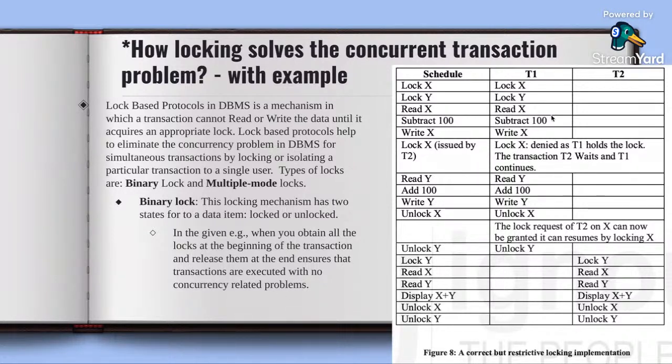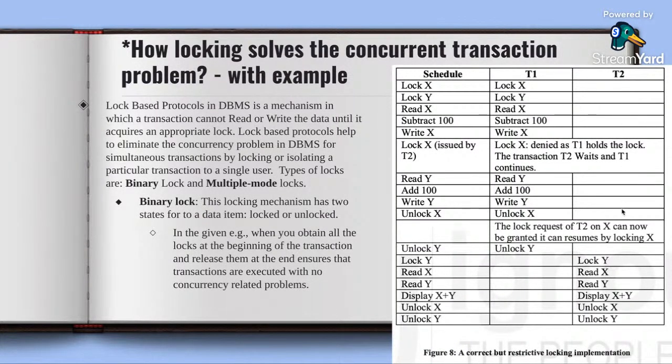Binary lock states that if you're going to work on two pieces of data, then you have to acquire a lock on both of them first, and you're not going to release the lock until you have completed the transaction on both. That's exactly what's happening here. T1 acquired a lock on both X and Y, and did not release, even though it finished working on one of them. It released it once it finished both actions.